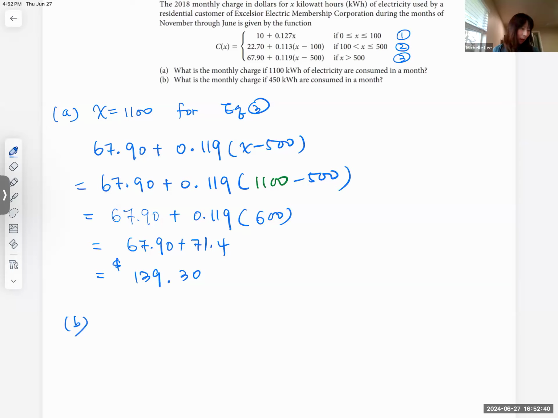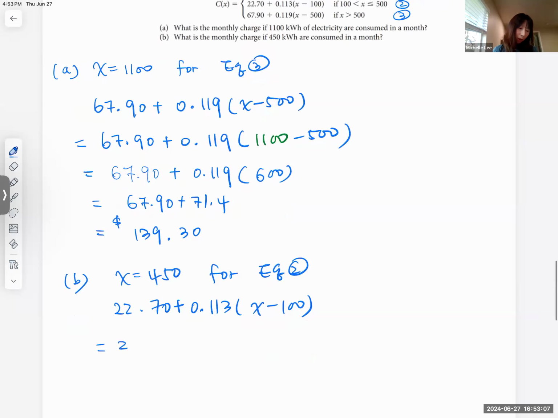So let's check that second one. We have the monthly charge for 450. So 450 is here. So equation number 2, right? So X equal to 450 for equation number 2. So for equation number 2, we have 22.70 plus 0.113 times (x minus 100).